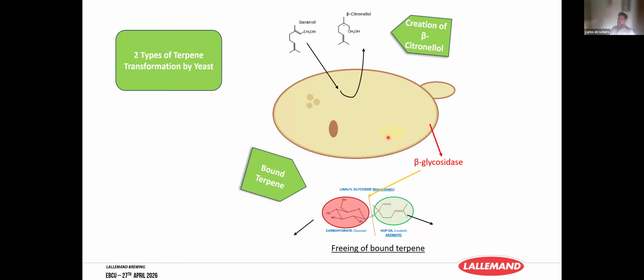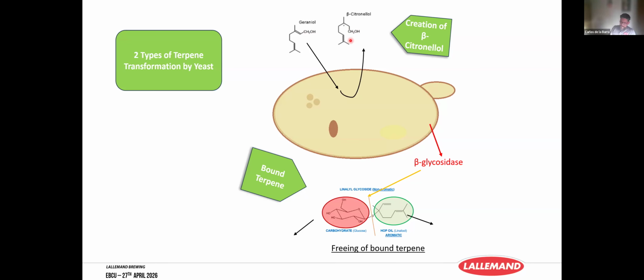Interestingly enough, and this is something we'll get back to in a few slides, this happens inside the cell. Here is the case of geraniol being reduced to beta-citronellol, which is a very interesting thing that happens. I'm going to take a step back here: when we talk about beta-citronellol being present in the beer, and I will talk about it in more detail later on, we're talking about something that essentially only happens by biotransformation.